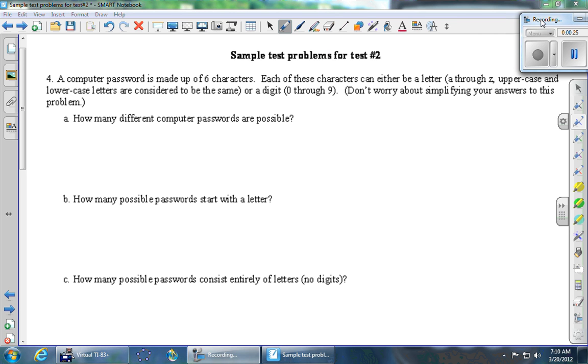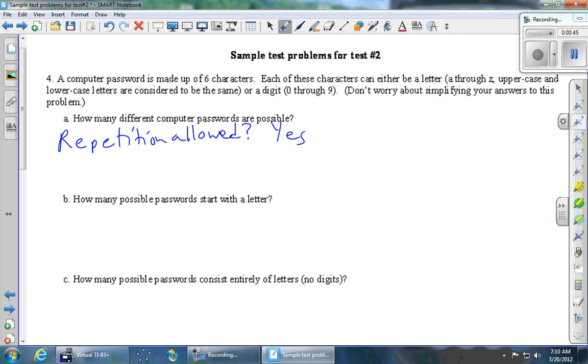So in this case, I guess the first question I'm asking myself is, is repetition allowed? Meaning as you fill in your 6 different characters, are you allowed to repeat the same character? And since there's nothing in the problem saying you can't repeat, then we have to conclude that repetition is allowed.